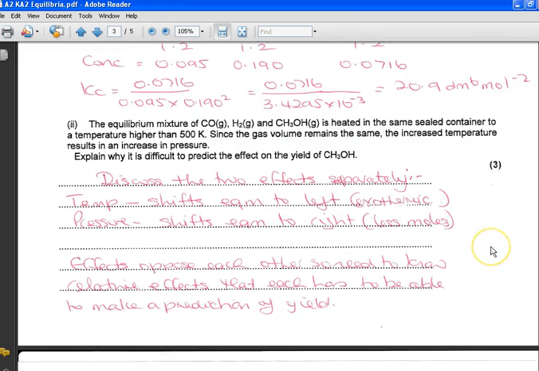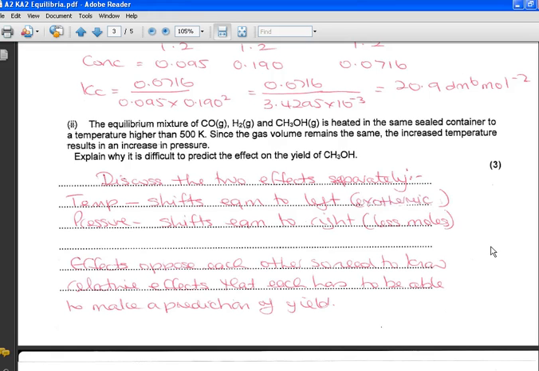So this question is asking you why it's difficult to predict the effect on yield. To give a coherent answer, look at the 2 effects separately: explain what would happen if you change the temperature, explain what would happen if you change the pressure, and then show that you understand that both the changes oppose each other.